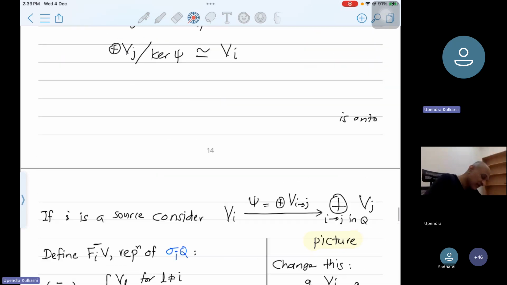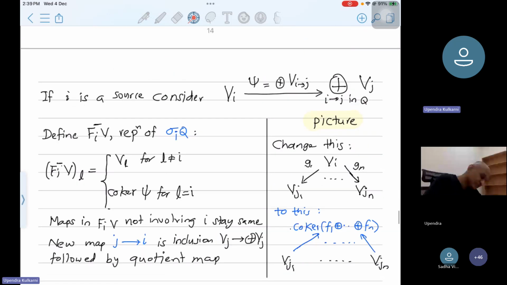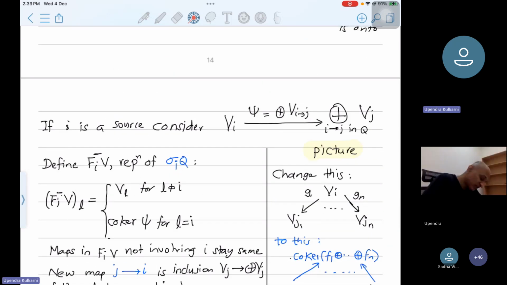Let's see what happens for Fi minus. Now I'm going to take the co-kernel of this map psi. Psi takes the map from Vi to the direct sum of all the neighbors. But now, by my hypothesis, because V is indecomposable and not SI, this map is one-to-one, an injective map.